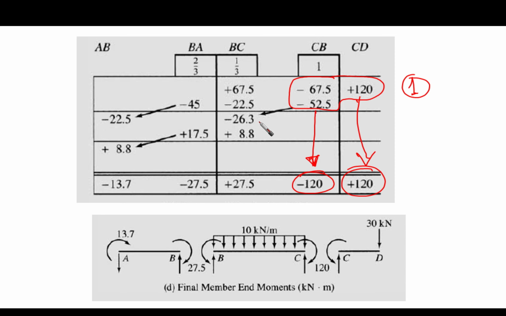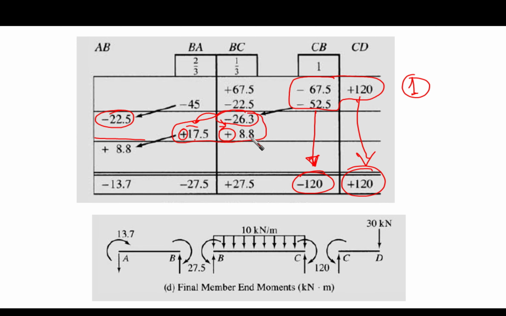Now we have the carryover moment here and the carryover moment here. Then this minus 26 is unbalanced at point B. So we are going to distribute it again with the opposite sign, based on 2/3 and 1/3, right and left, and then draw a line here. This is a balanced point.